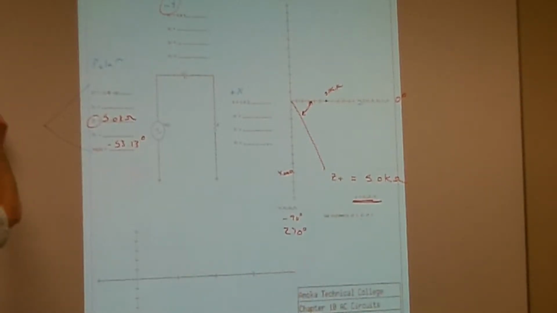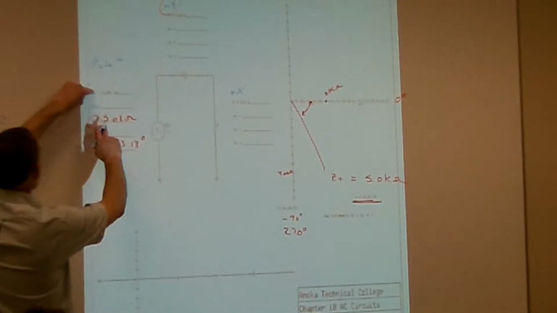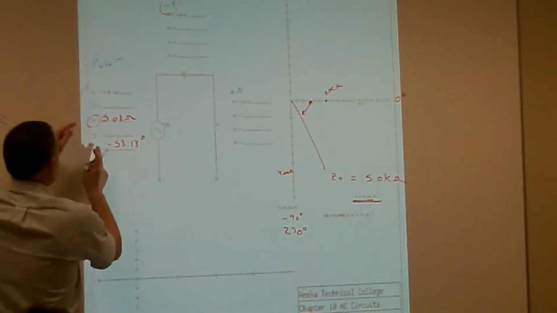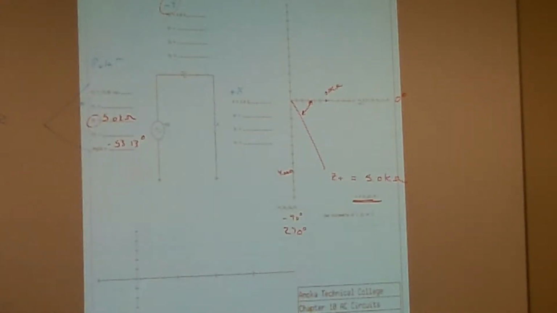So V is still equal to IR. Here we know our voltage and we know our resistance. When we're talking about our impedance, we're talking about our resistance. If I know my voltage and my resistance, I can calculate my total current by using Ohm's law. So now it should be I is equal to V over R.